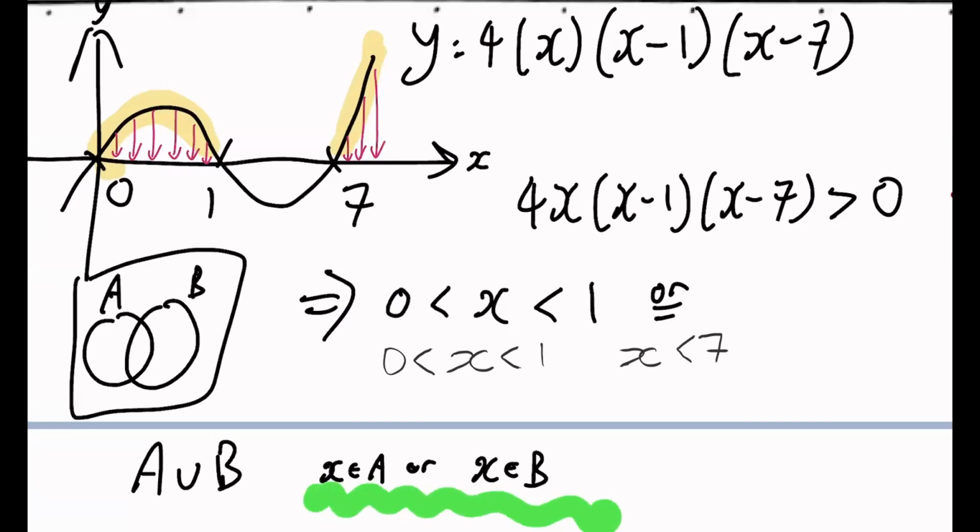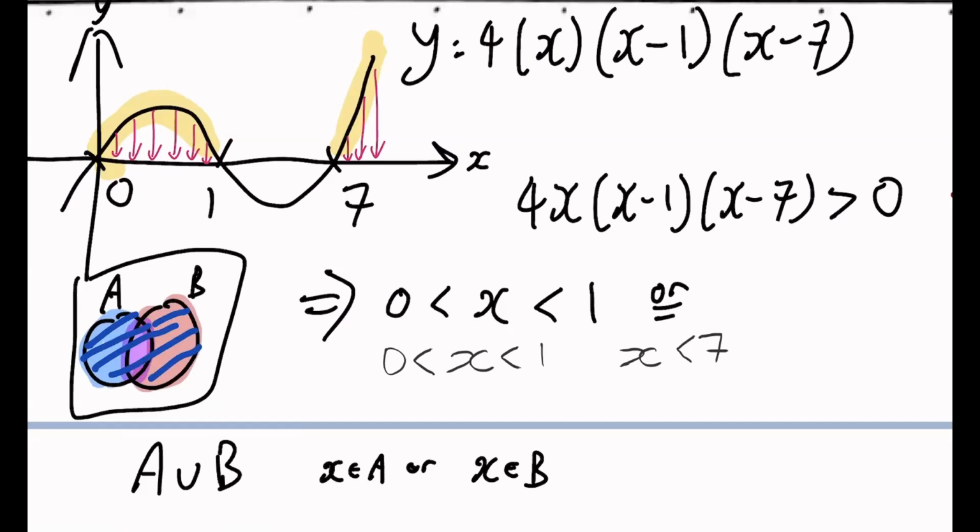This notation on the right side probably you're not familiar with, but the left side definitely familiar, right? A union B. Or means you could be inside this part here, A only but not B, or the right side, B only but not A, or in the overlapping region, A and B at the same time.